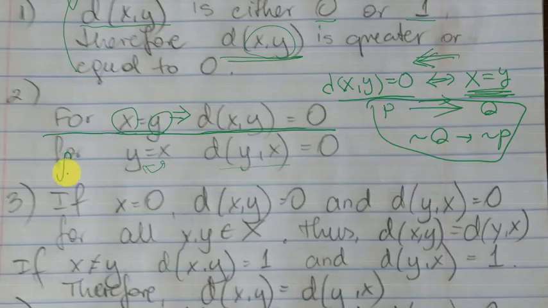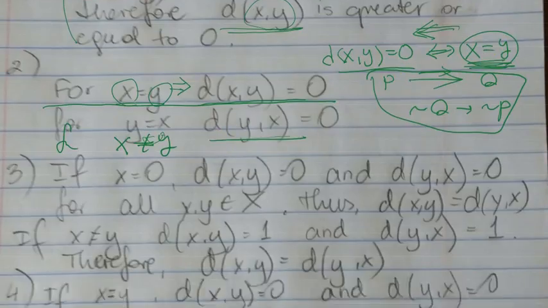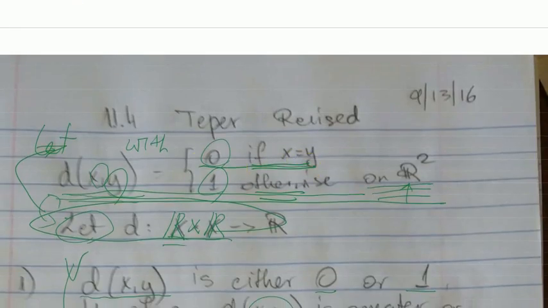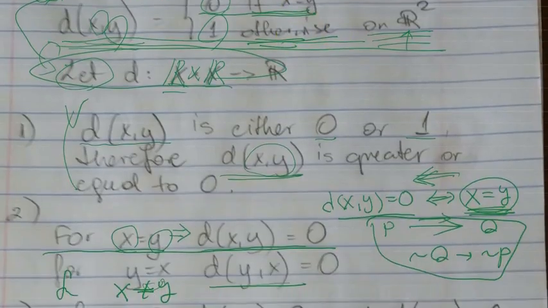So for x not equal to y, what do you have? If x, y is the same, then the value must be 0. The other case means what? x is not equal to y, and the value must be 1, right?